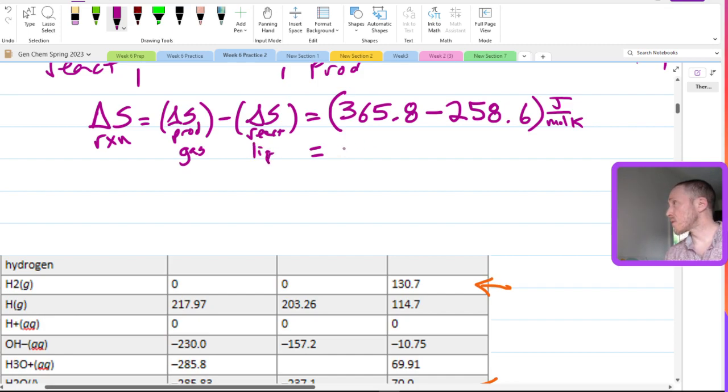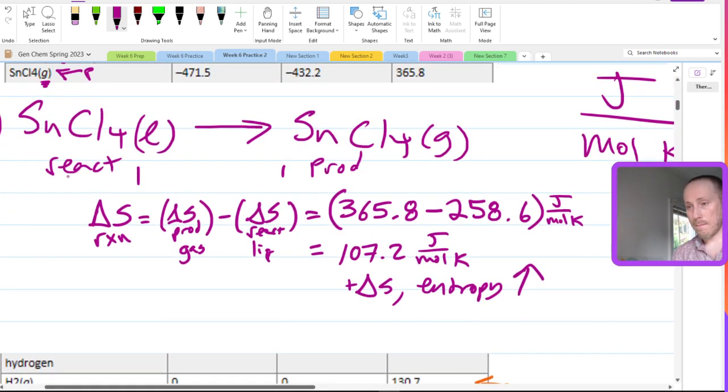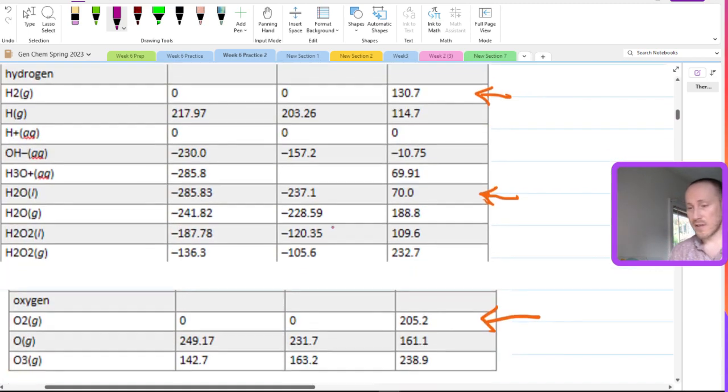The difference between those two things is 107.2 joules per mole Kelvin. So again, this makes sense. We have a positive delta S because entropy went up because we went from a liquid, which is relatively ordered, to a gas, which is relatively disordered.